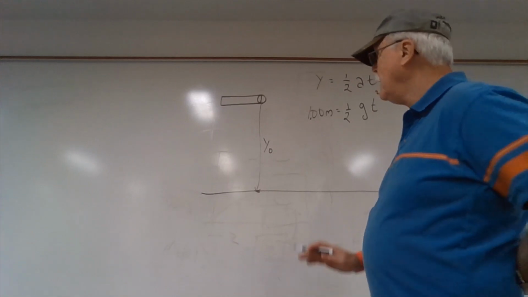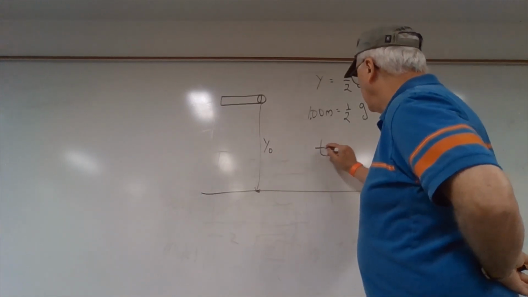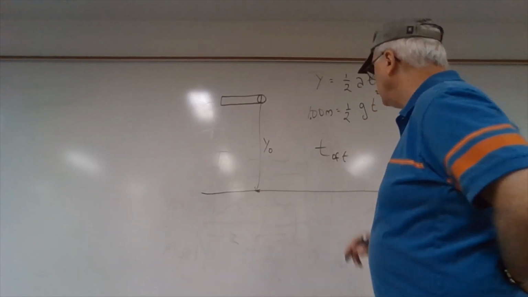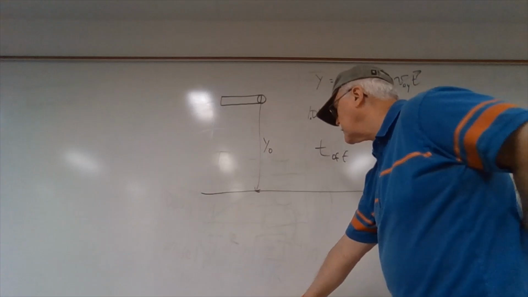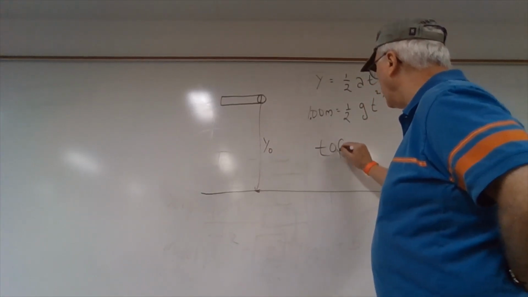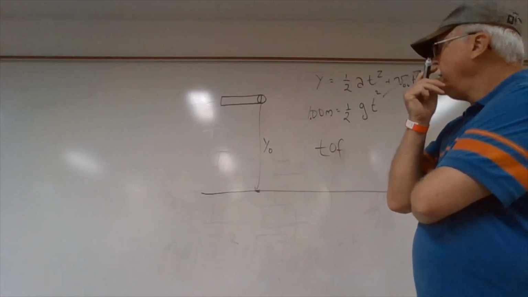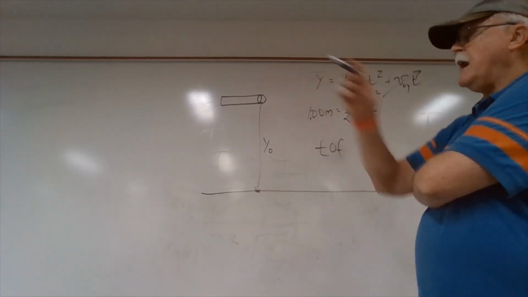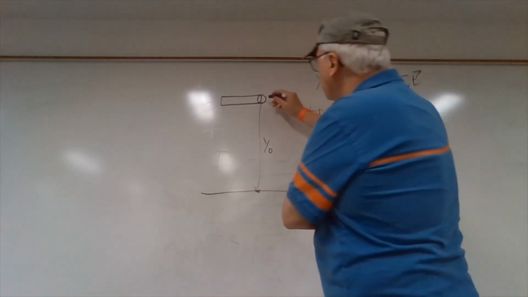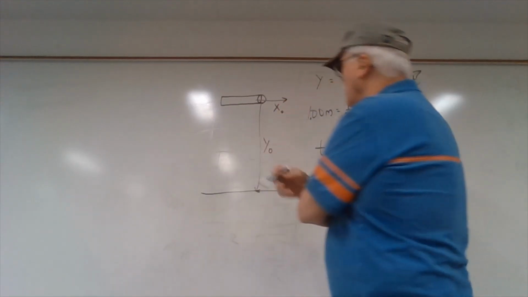I can figure out the time that it takes for that ball to drop. Okay. Now that I know that, I'm going to call that time of flight, like TOF. Time of flight. Okay. So if that's perfectly horizontal, when the projectile leaves, it's going to leave with an x0.